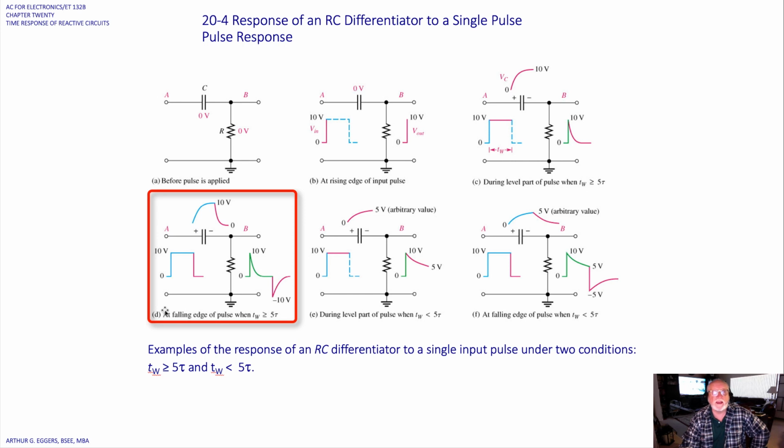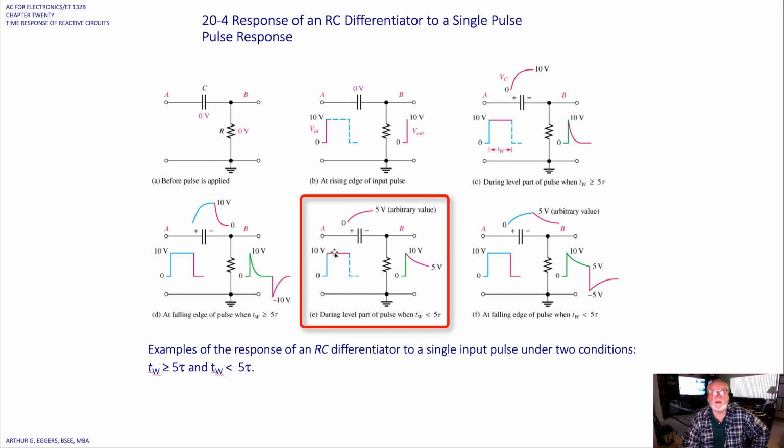So at D, we can see the falling edge of the pulse on the input. We have our charge over the capacitor, and then we have our discharge going from minimum to maximum. The output then is now at 0 or minimum and dives to negative 10 volts and starts charging back up.